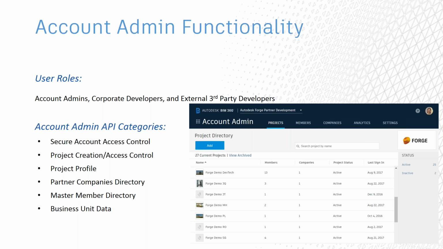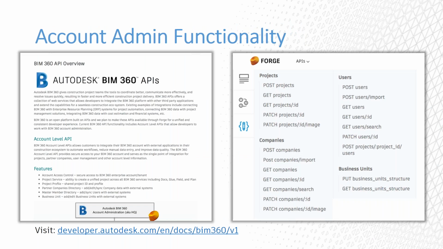Those are the users that are typically not expected to handle this kind of admin functionality. Within these account admin APIs, we can do account access control, creation of projects, and also company, members and business unit data creation and then activations.